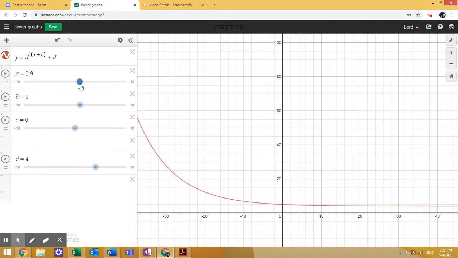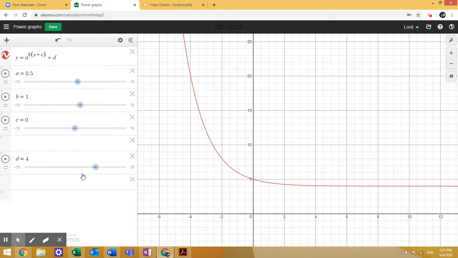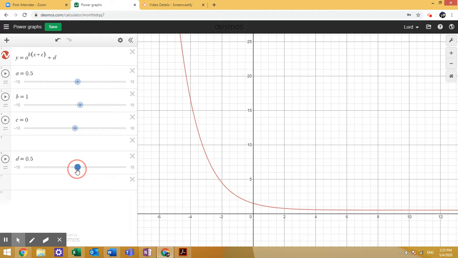Going the other way, what's going to be the opposite of that? It's going to be 0.5, I believe. 1/2. Not negative this time around. There it is. Okay, so I'm going to bring it back down to 0 just to make sure I'm right.